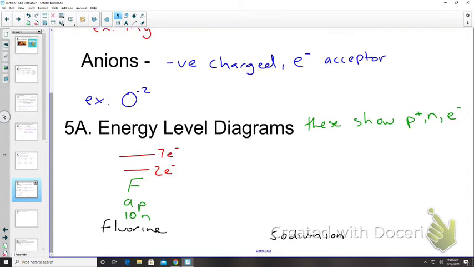Is sodium a cation or an anion? Cation. Okay, so it's going to give away electrons, so it'll become positively charged. Sodium is a group 1 metal, so typically has a charge of +1, right? Okay. Sodium has an atomic number of 11.